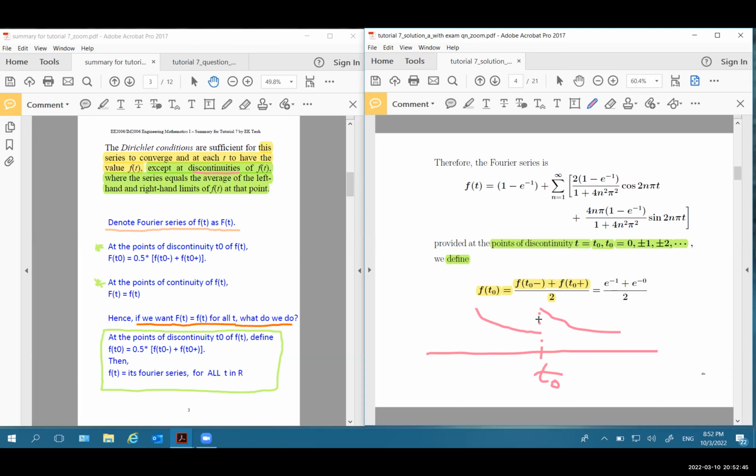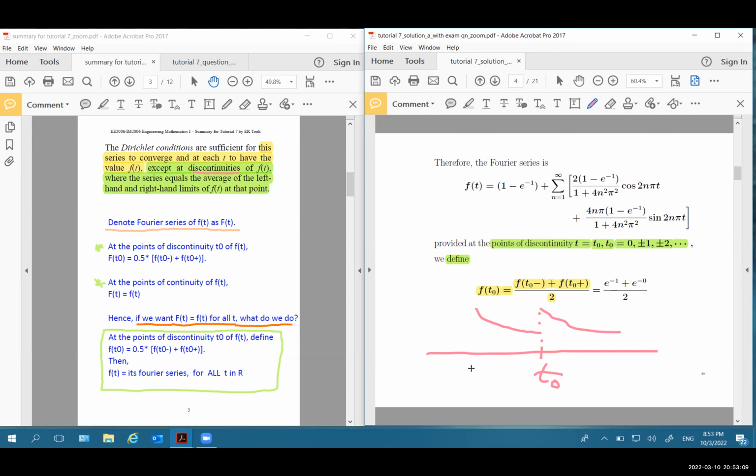So what is the meaning of f(t0 minus)? Everyone knows the meaning of minus, right? Does minus mean less than t0 or more than t0? Class, minus means what? Yeah, it's less than t0.